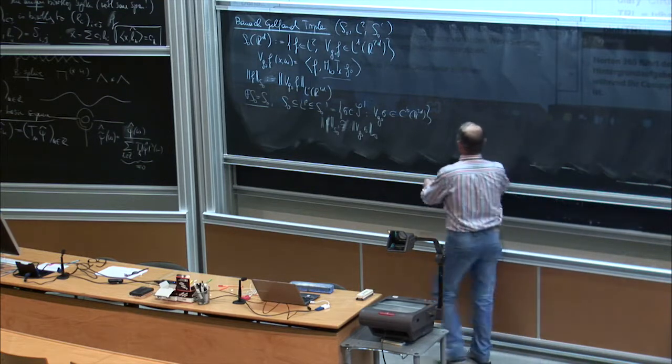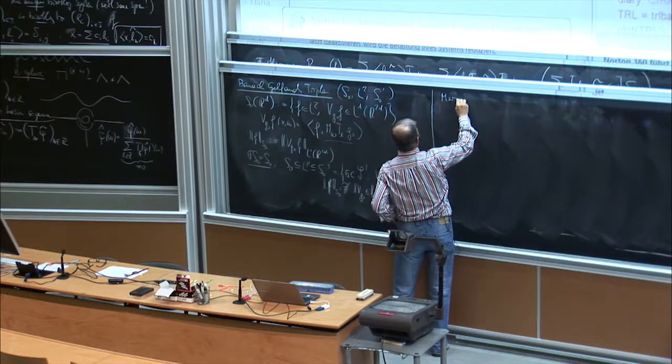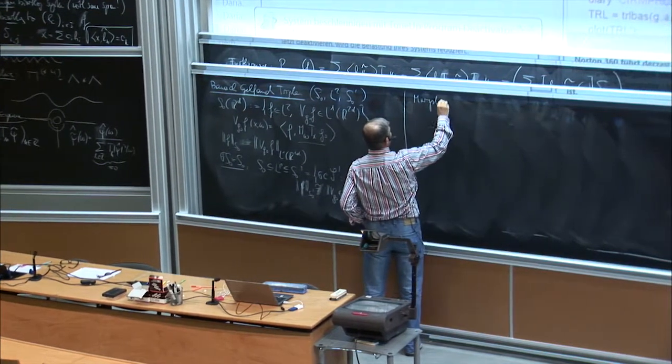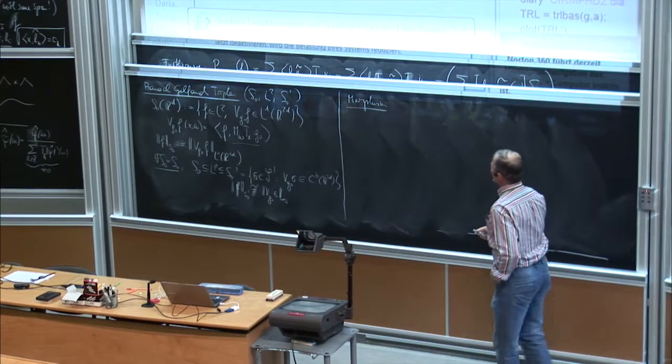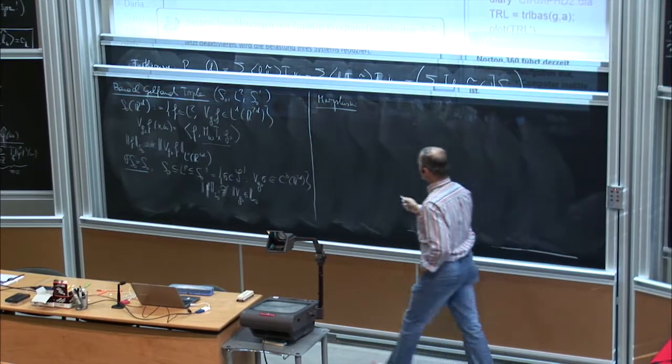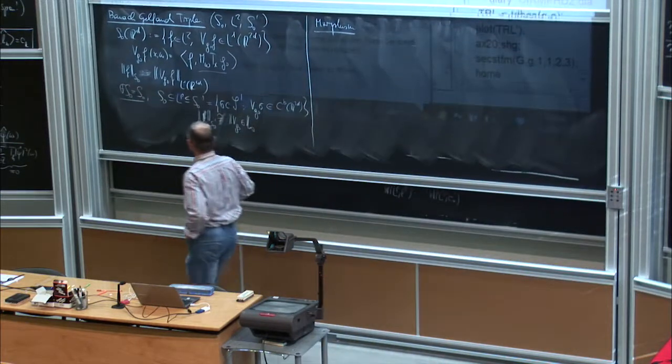Okay, what is a morphism between Banach-Gelfand triples? Yeah, well, another example first, sorry. What is the prototypical example?